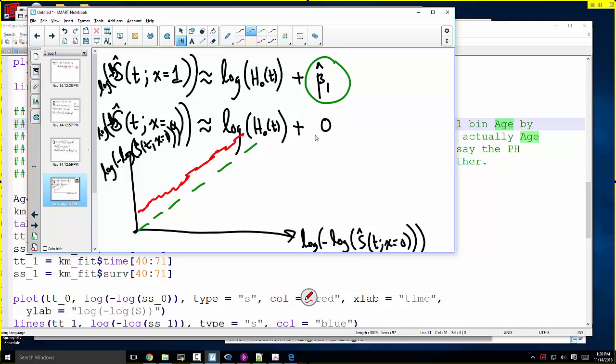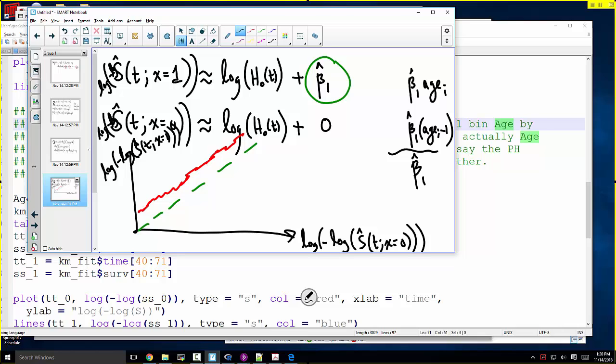so it's not beta 1 and 0. It would be like beta 1 hat age, and we would need beta 1 hat for age minus 1 in order to have these be separated by approximately beta 1.